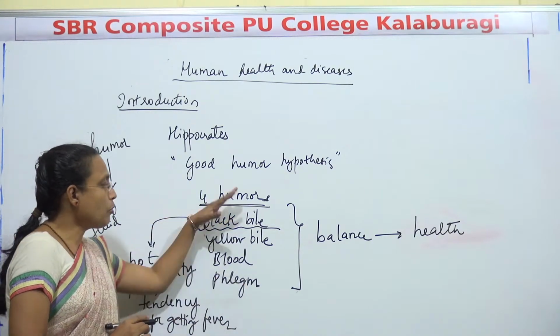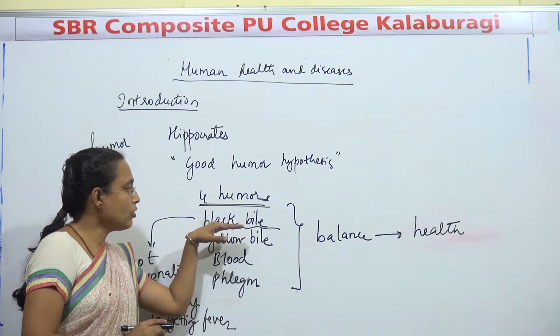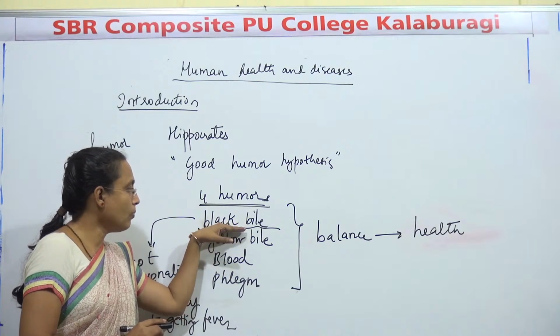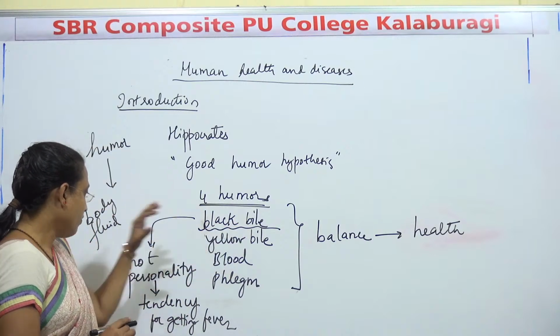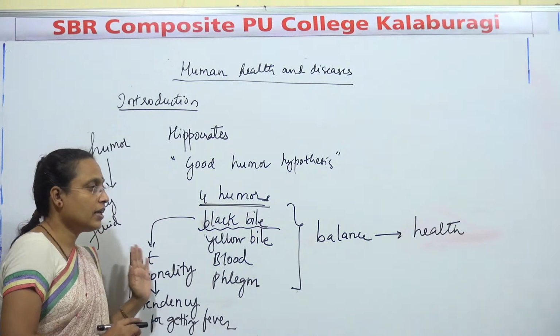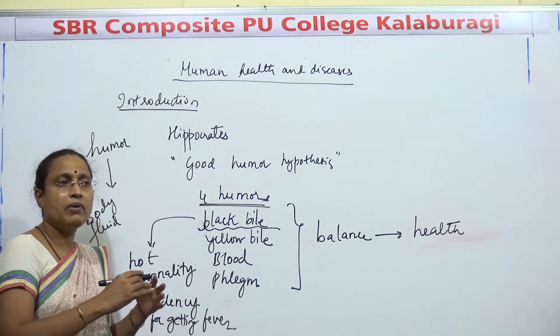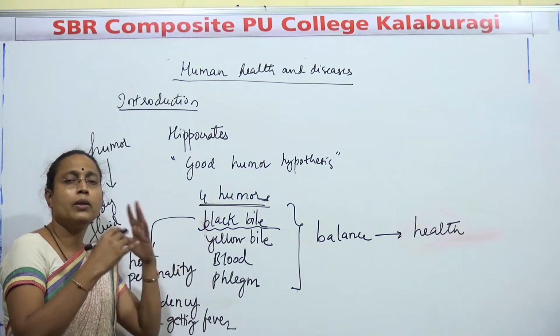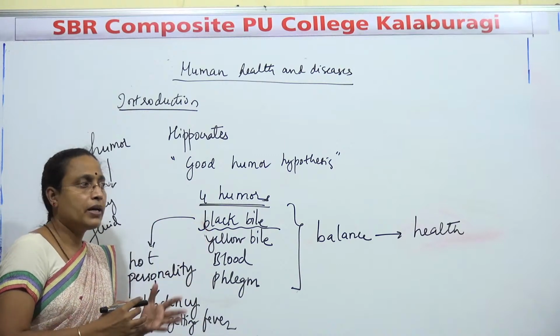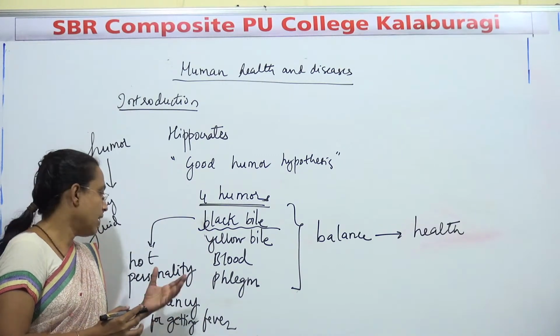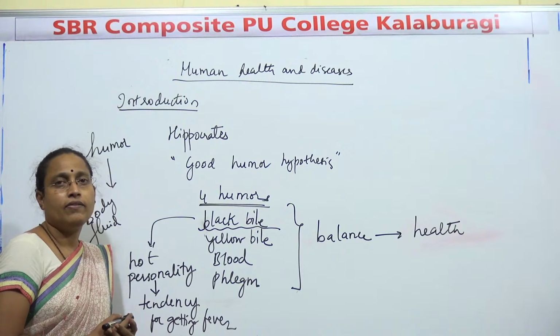So there is a proportion in this. If the black bile is more, a person with more black bile will have a hotter personality. Even temperament also will change, because at that time they connected the fluids with the mood of a person. He will quickly get the fever.